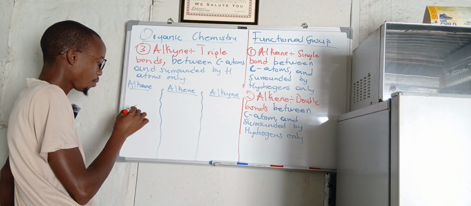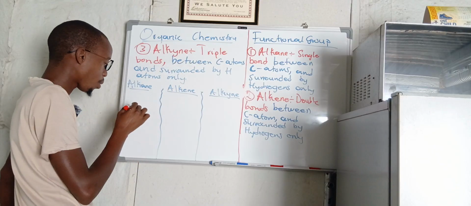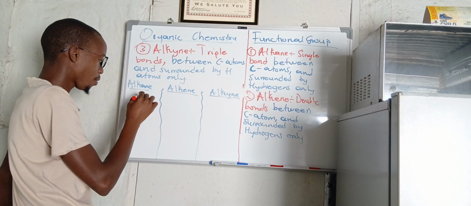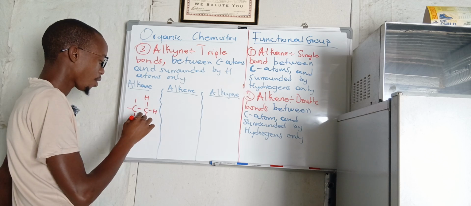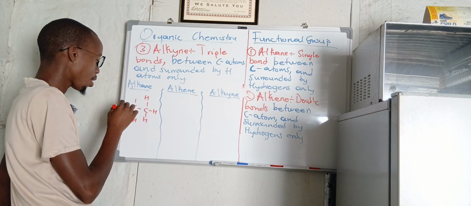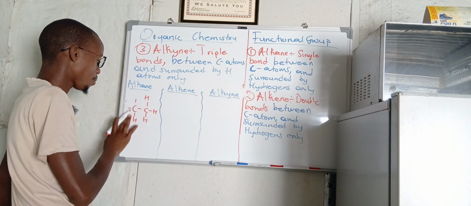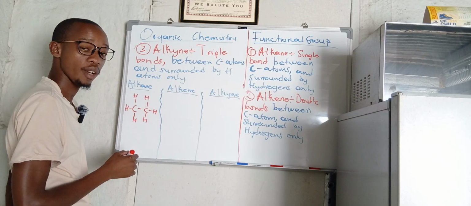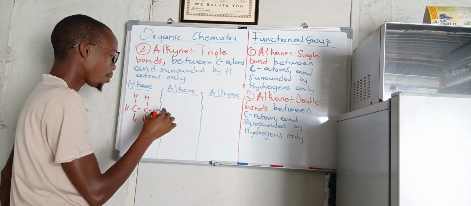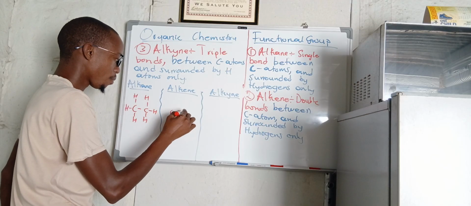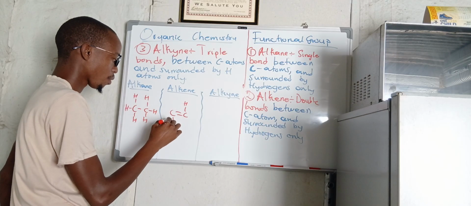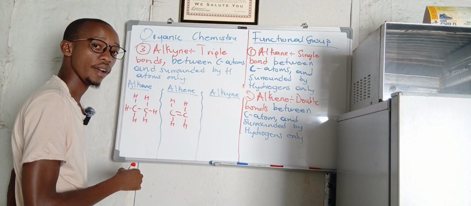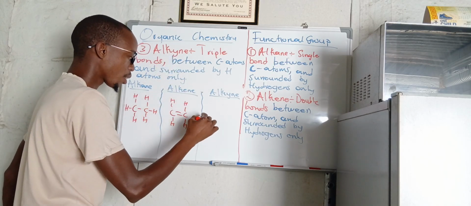Alkane, we said, is single bonds between carbon atoms, so we'll have single bond. And then I'll just have those hydrogens there. And then we have alkene, double bonds between carbon atoms. And then we have alkyne, triple bond between carbon atoms.